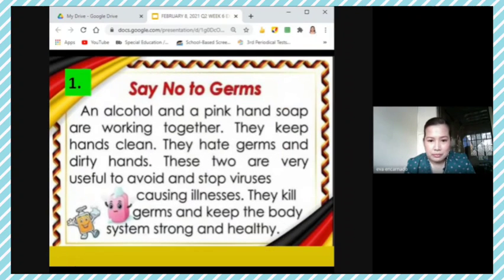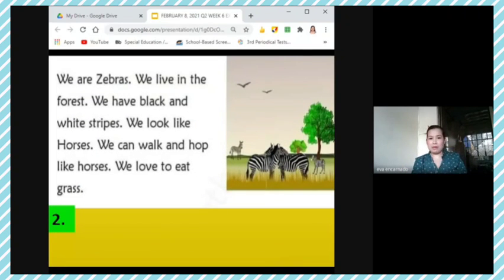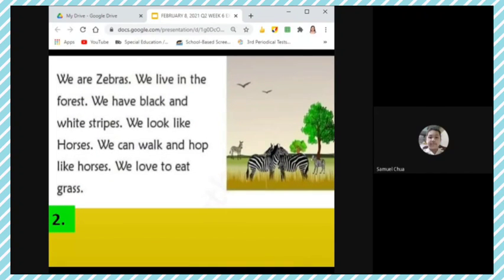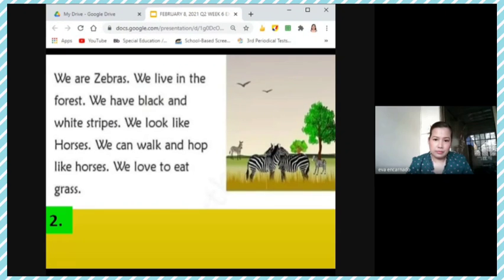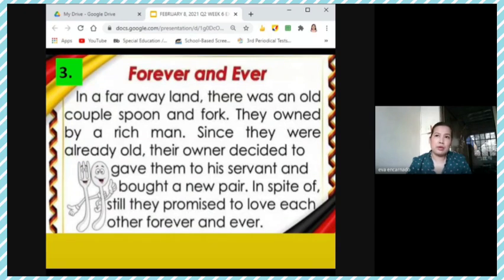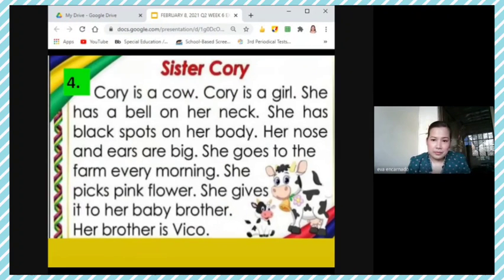Okay? Number 1, say no to germs. I won't read the story, okay? That's number 1, in 10 seconds. Next, number 2, about zebras. Just write first point of view, second point of view, or third POV na lang. Number 4, Sister Cory. Ang ingay ng aso.